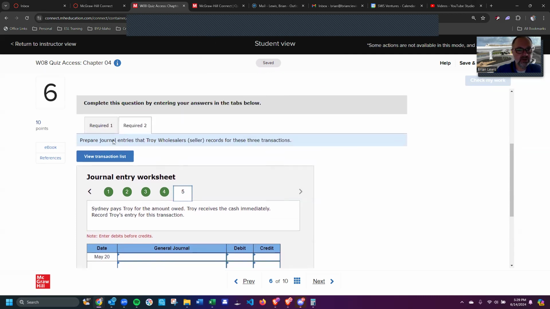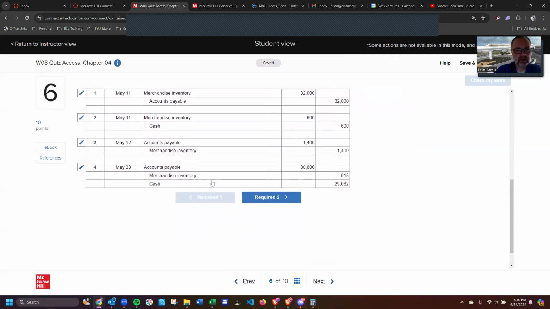Now, what we can do is go back to what that amount was, right? That's 29,682 is the cash. So these 2 entries right here are what we're focused on. 29,682.